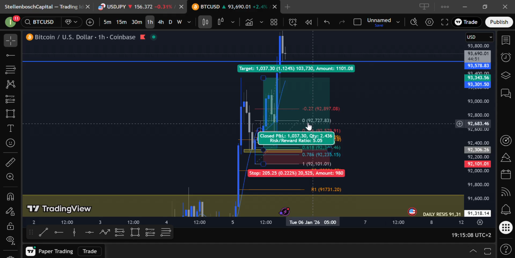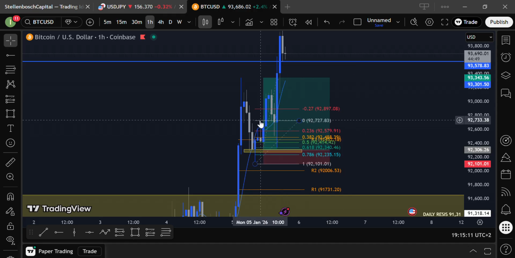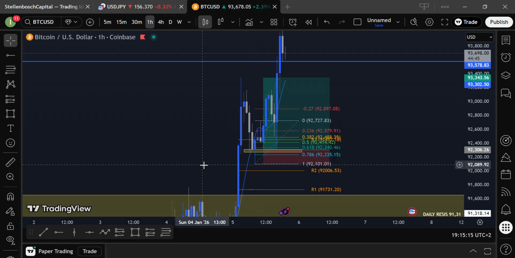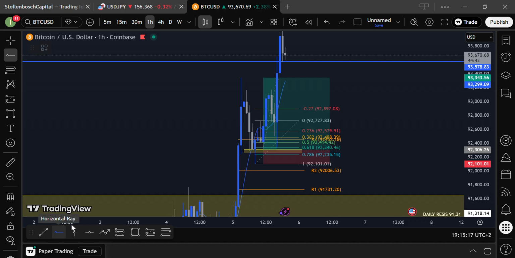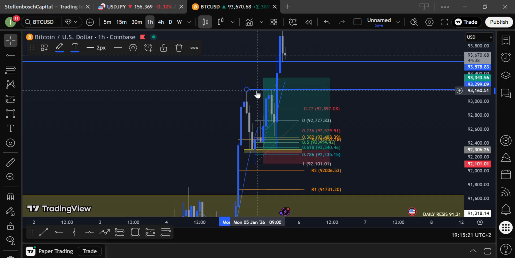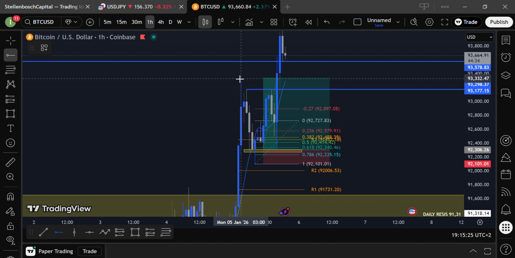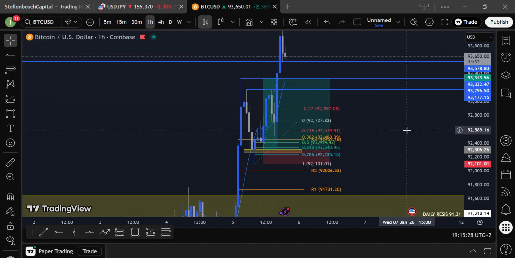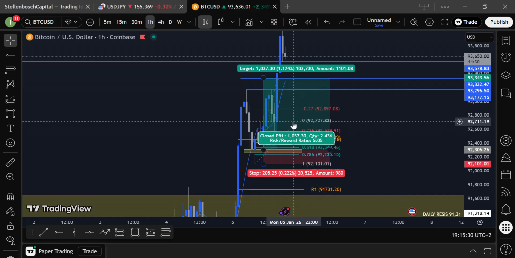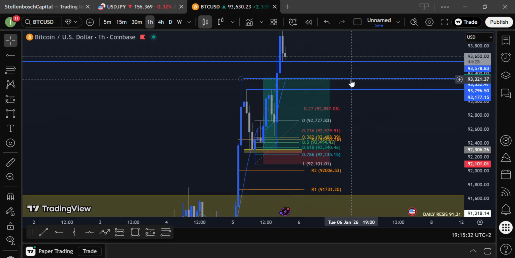My first TP was the 0%, then negative 27, and then also this wick right over here, and then also this one, that swing high. This is how it is. Basically, I have TP1, TP2, TP3, and TP4.